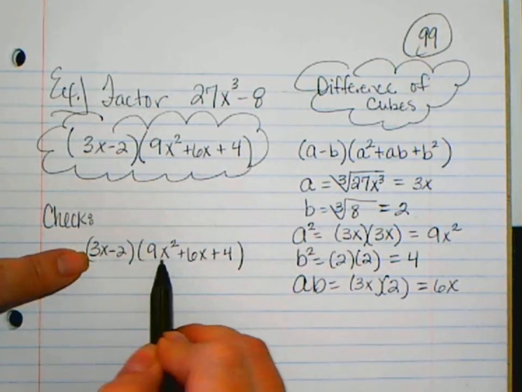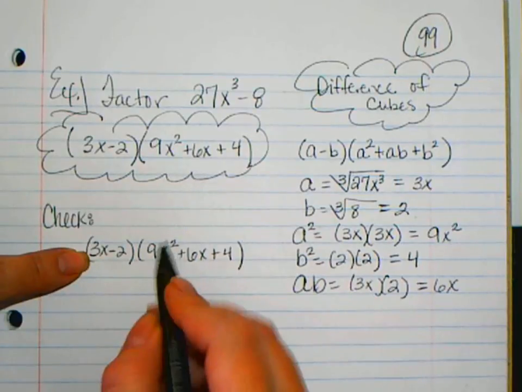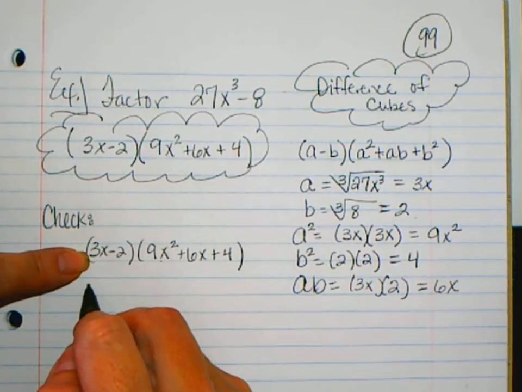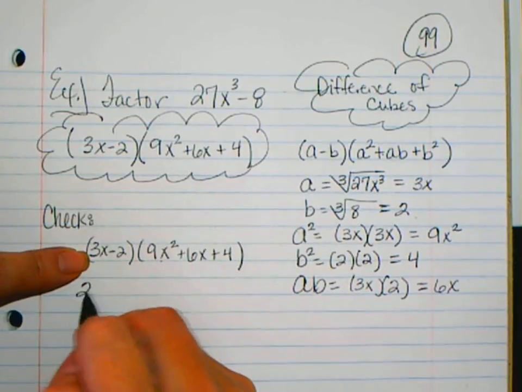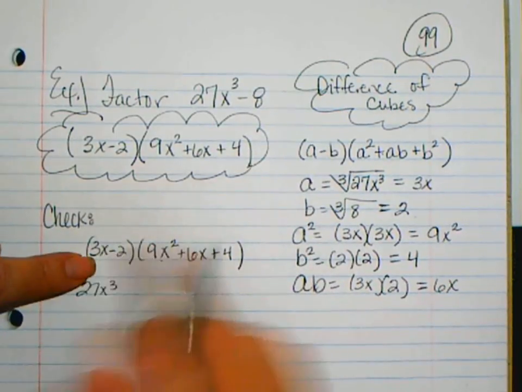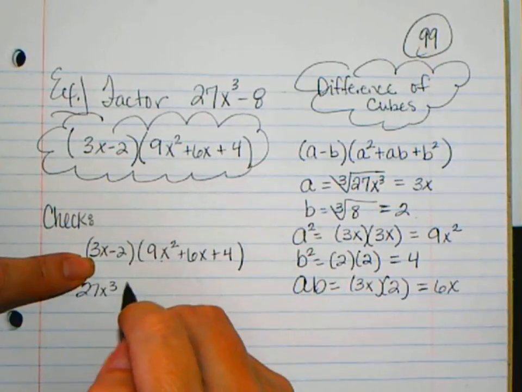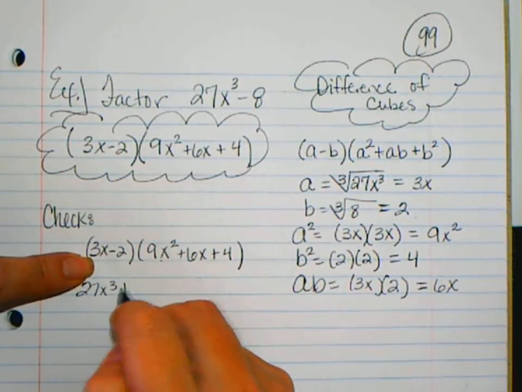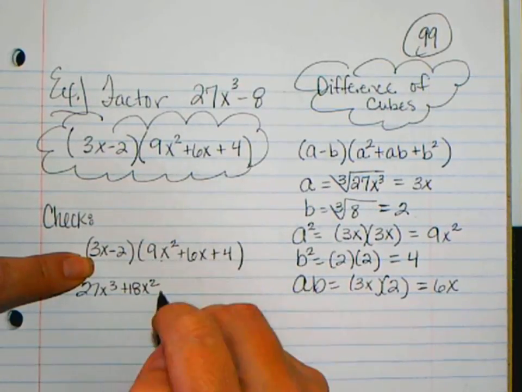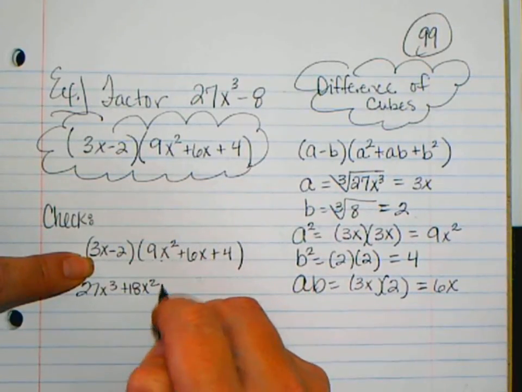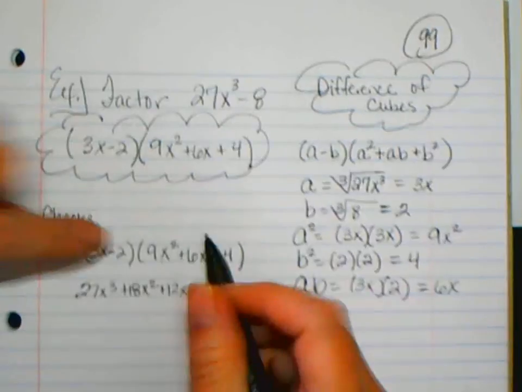What's 3x times 9x squared? Y'all gotta work with me on this. 27x cubed. 3x times positive 6x. Positive 18x squared. And 3x times positive 4. Plus 12x. Now let's distribute the negative 2.